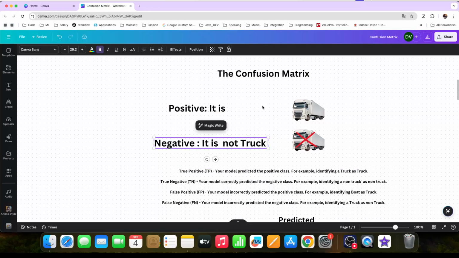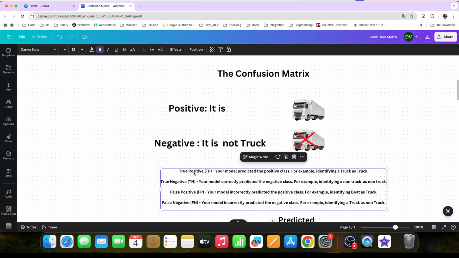Based on this concept, I am going to inject a new concept: what is true positive, true negative, false negative. So TP is true positive. All these are properties, and against all these properties we are going to put a count in the confusion matrix.